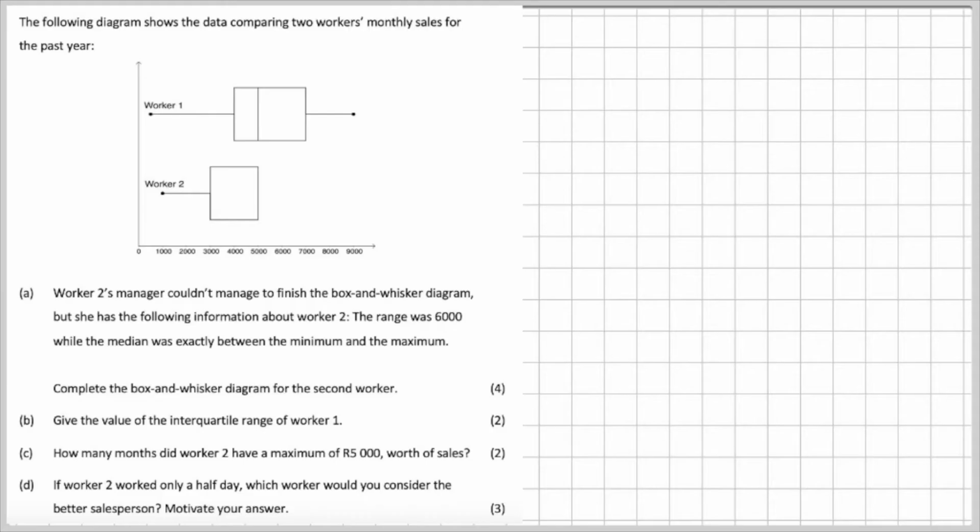That's question C. And lastly, if worker 2 only worked half day, which worker would you consider the better salesperson? I want you to try this one yourself by reading the information carefully, copying it over, and then you watch the rest of the video.